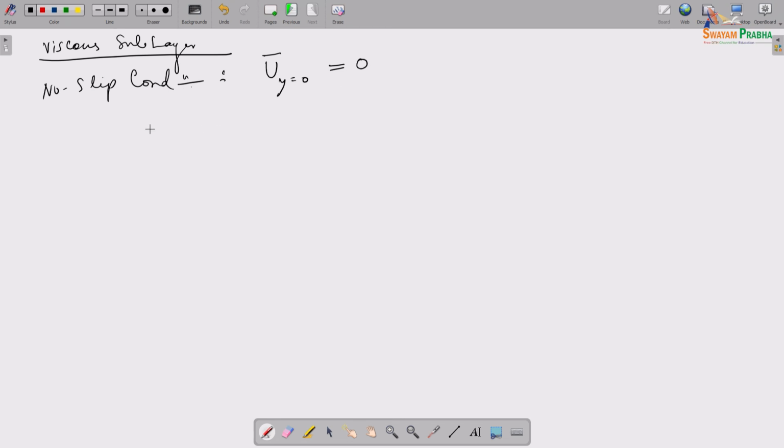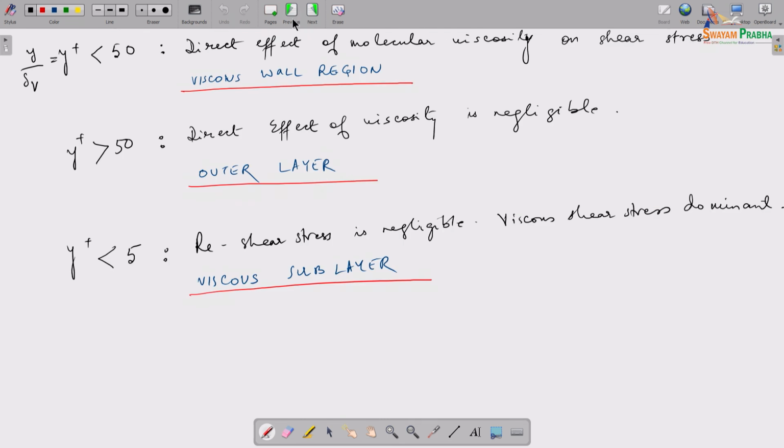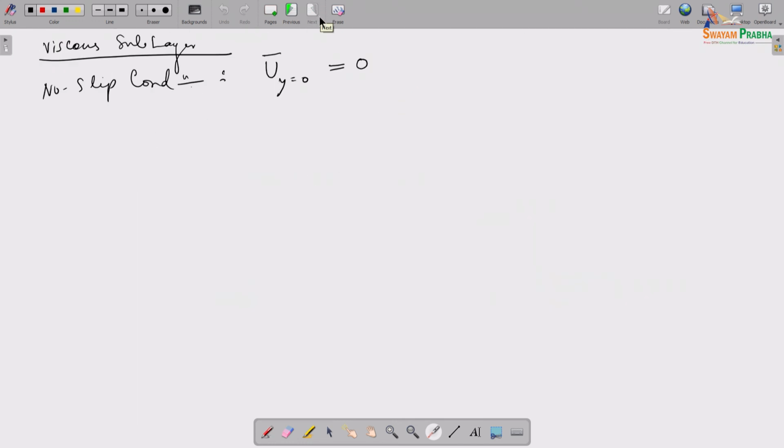Let's go back. Where is the viscous sublayer? This is the viscous sublayer, where y plus is less than 5. So now we're talking about the viscous sublayer, no slip condition, which means this is equal to 0.